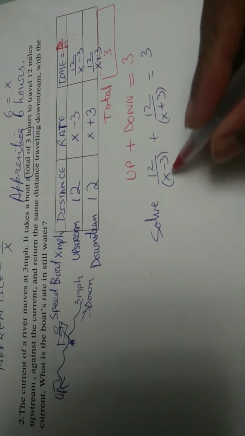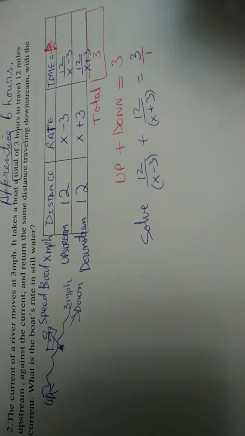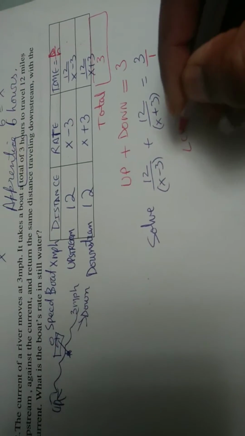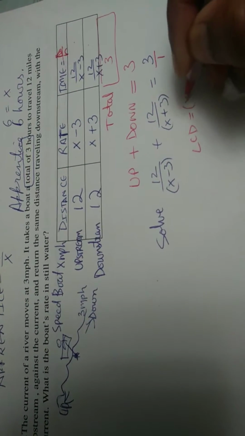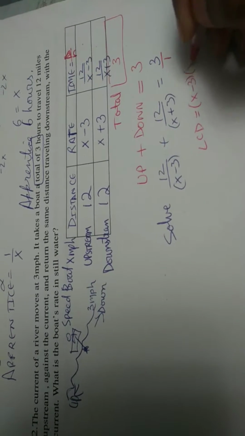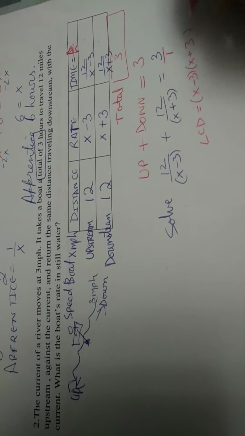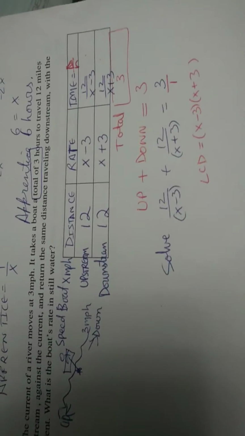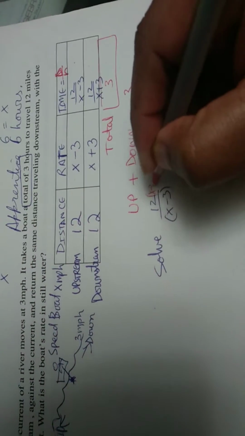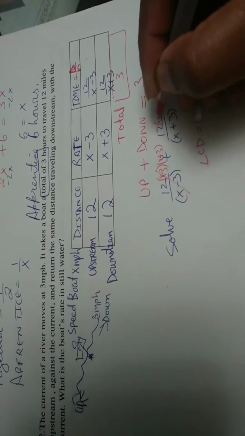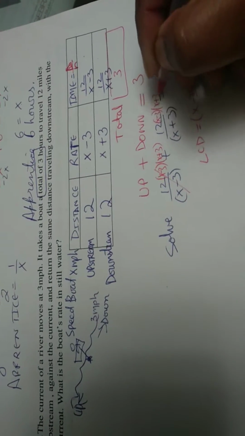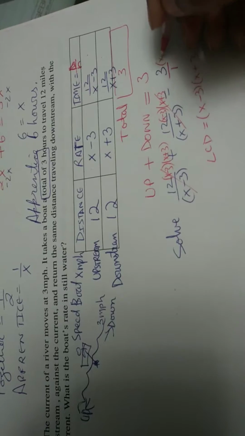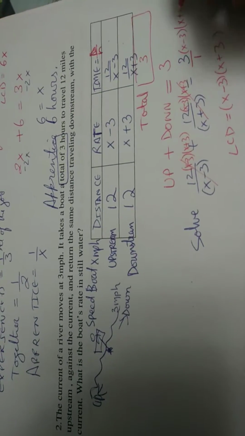Since we have 3 different denominators, we need a common denominator, which would be our LCD. Since nothing is common, it would be x minus 3 and x plus 3. So we multiply by x minus 3, x plus 3. The x minus 3 cancels, and again the x plus 3 cancels.